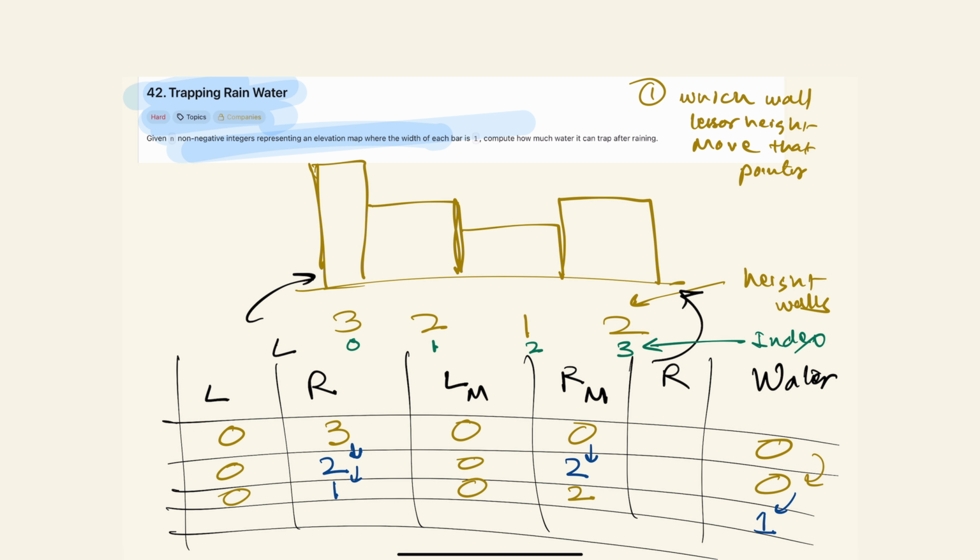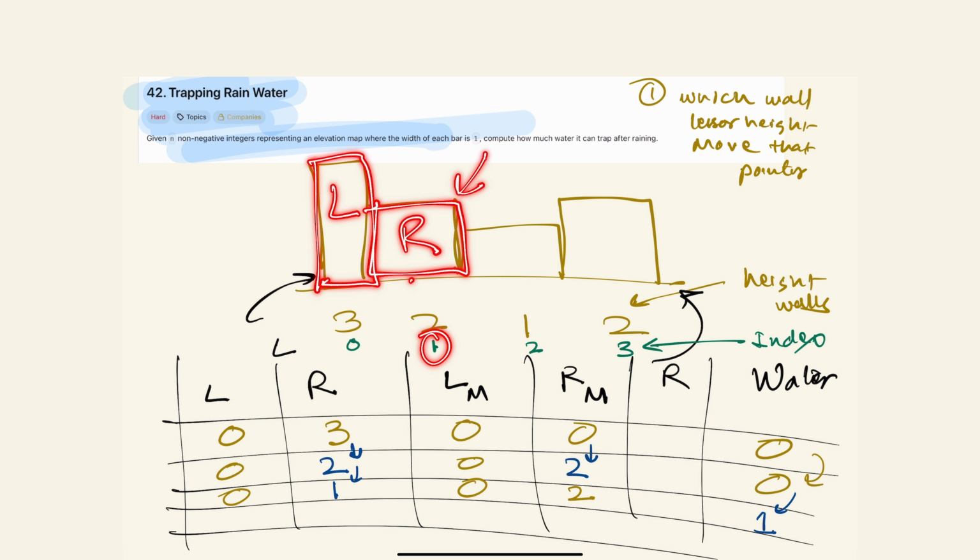Now where are we right now? The right pointer is on index 1, the left pointer is on index 0. This is left, this is right. Which one is lesser? That is the only thing we have to consider. The right is lesser again.